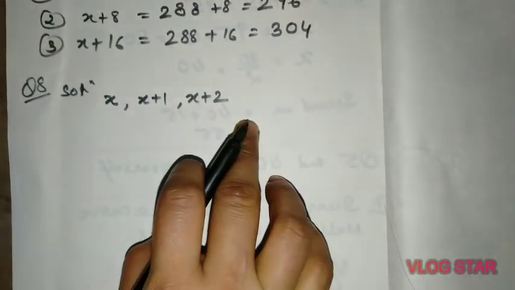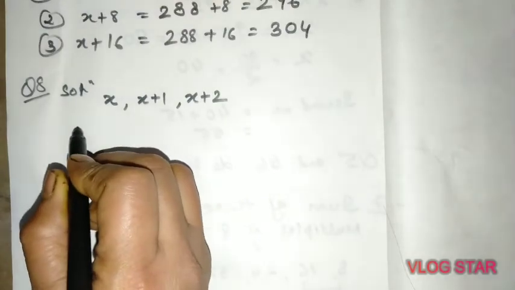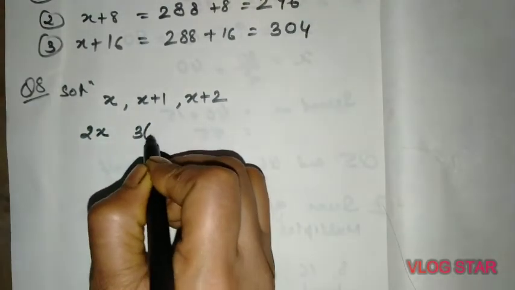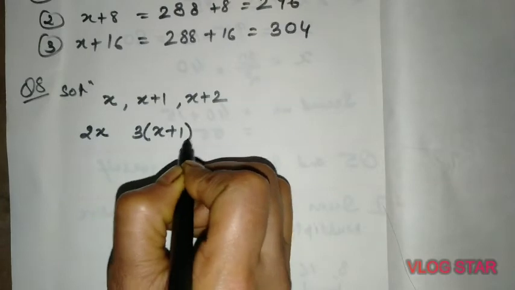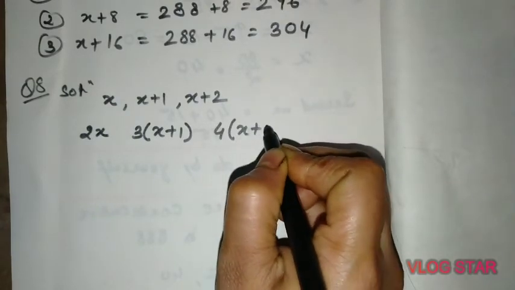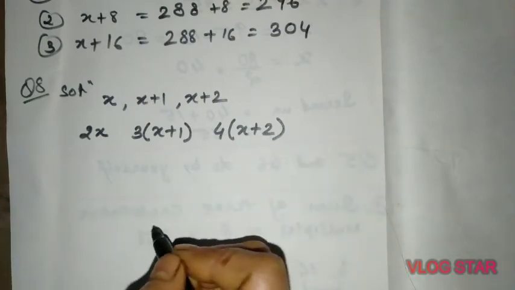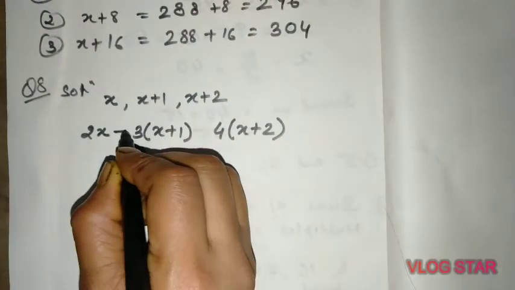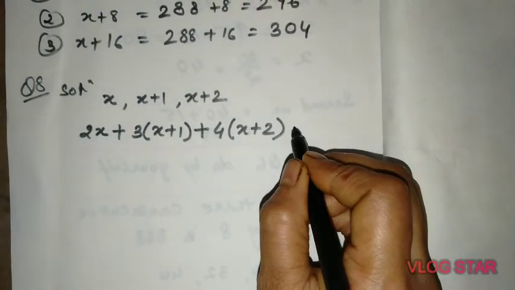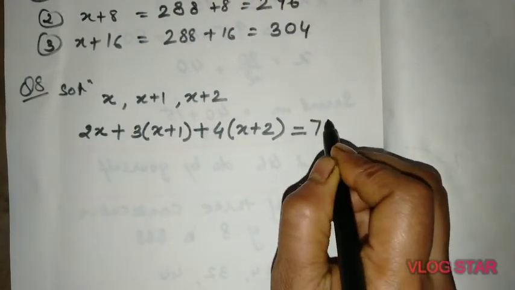These three numbers are in continuation, consecutive integers. Now when they are multiplied respectively by 2, 3 and 4, that is, 2 is multiplied with the first number, 3 is multiplied with the second number, and 4 is multiplied with the third number, and they are added, the sum is 74.